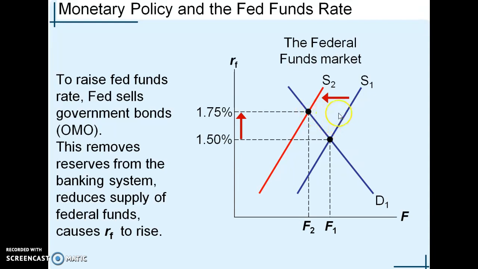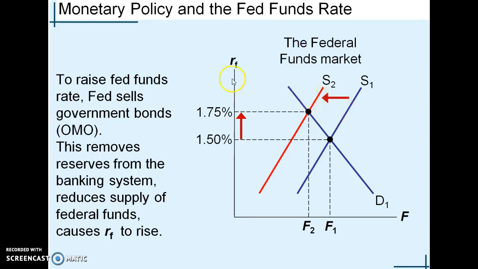So the Federal Reserve can get banks to lend to each other at a higher rate if they pull cash out of the system. Now, if they went into the market and instead purchased bonds, buying up bonds from banks, then banks have more cash and the supply of money would increase. All these banks have extra reserves, so they lend the reserves to each other at a lower rate.